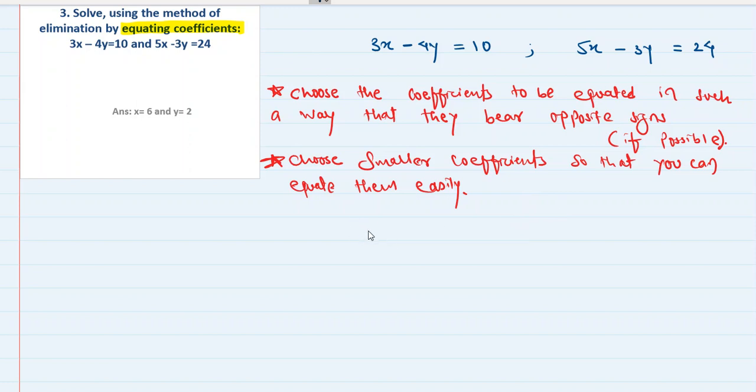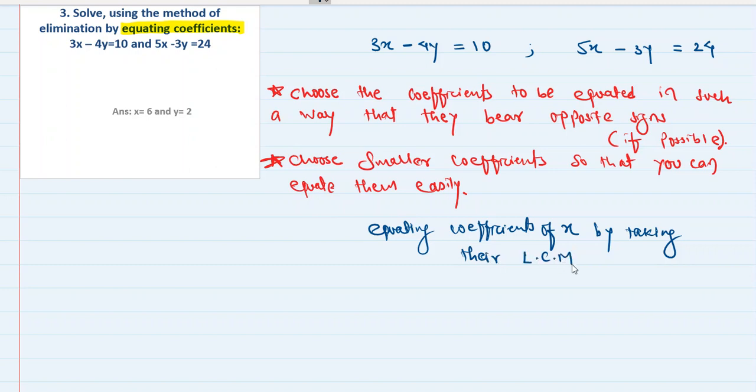So, equating coefficients of x by taking their LCM.